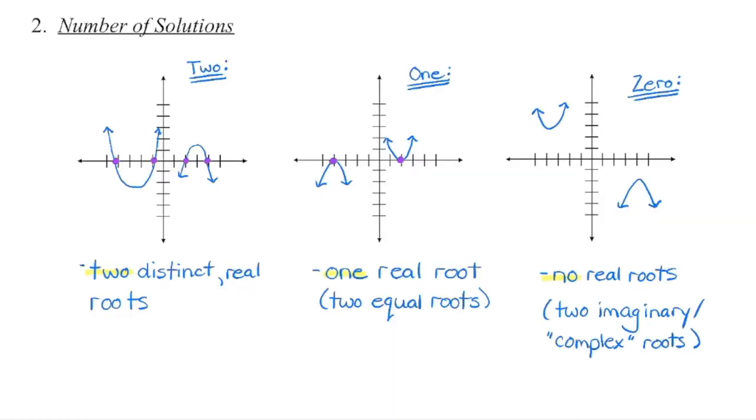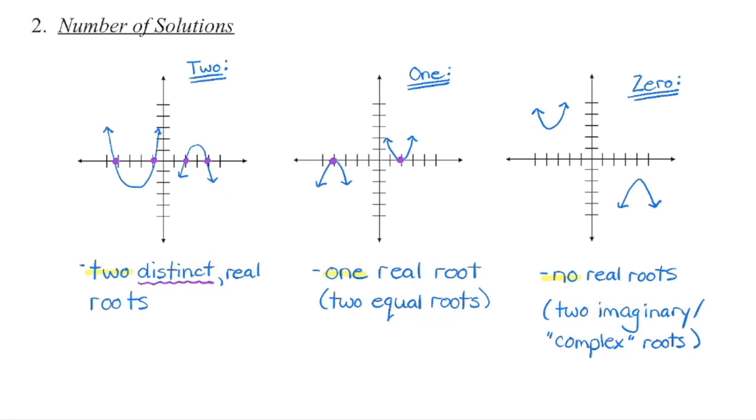Now our quadratic can have 2 solutions, 1 solution, or 0 solutions. If our parabola crosses the x-axis twice, we say we have 2 distinct real roots. So distinct just means that those 2 x-intercepts are going to be different values. If our parabola has 1 solution, it means that the vertex is going to lie on the x-axis and open either down or open up.